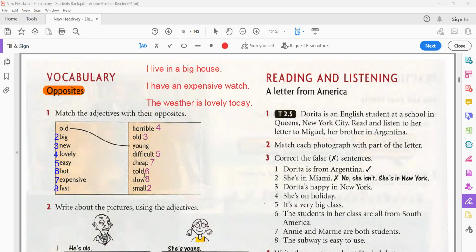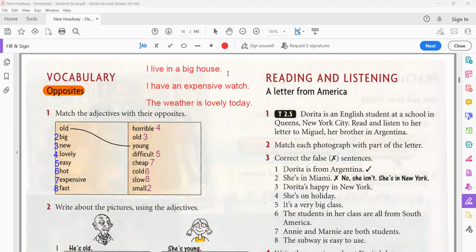Hot, cold. Expensive, cheap. Expensive, it costs a lot of money, but cheap, it doesn't cost a lot of money, not expensive. Fast, slow.